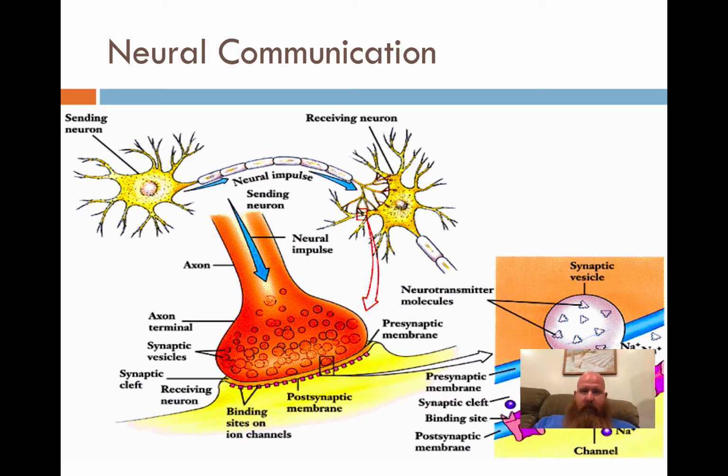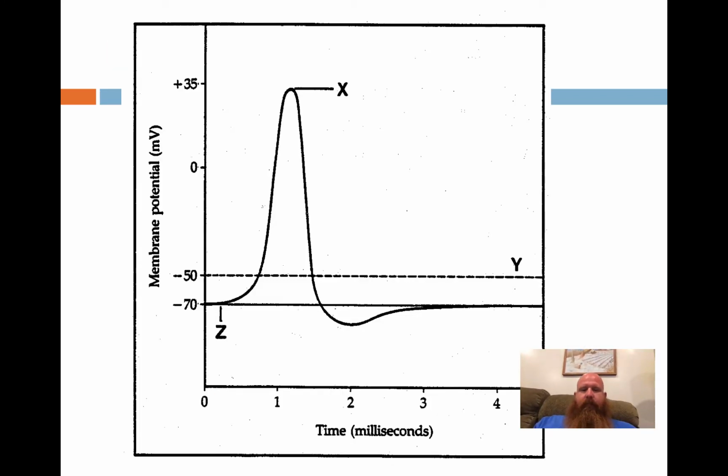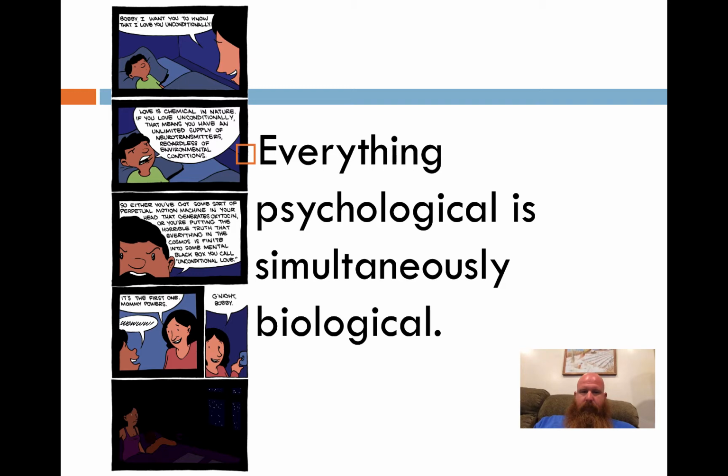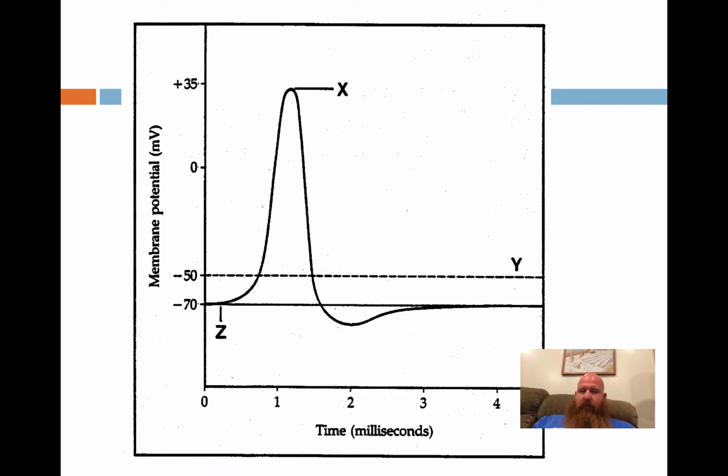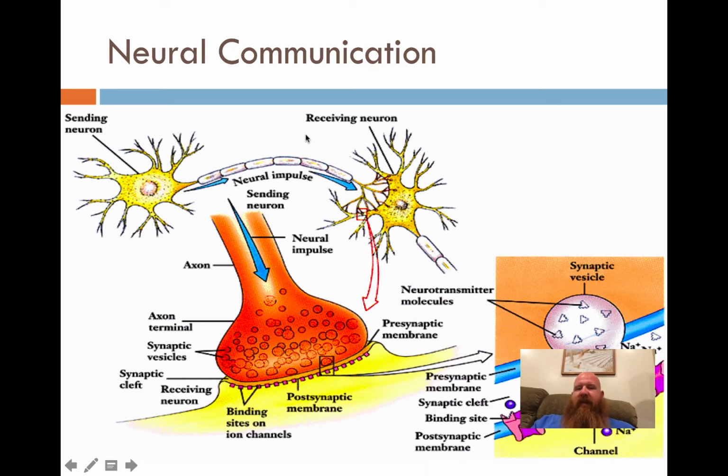Clear as mud, right? We'll talk a little bit more about this in class. And again, everything psychological is simultaneously biological. I just wanted to give you a brief overview of some of the terms that we're going to talk about.